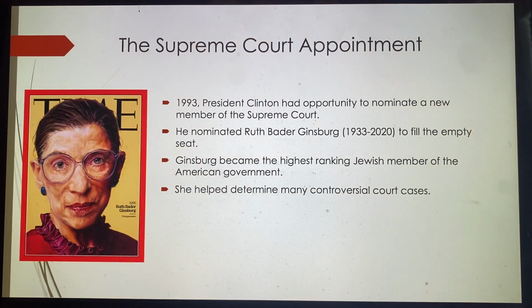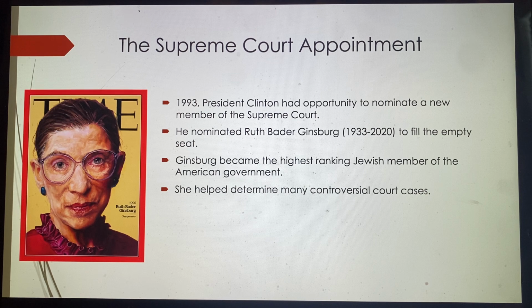So the Supreme Court appointment. Of course, Supreme Court appointments are very important, right? Because the Supreme Court will establish a lot of whether bills go through and become laws, or whether they're constitutional or unconstitutional. So in 1993, President Clinton had an opportunity to nominate a new member of the Supreme Court.